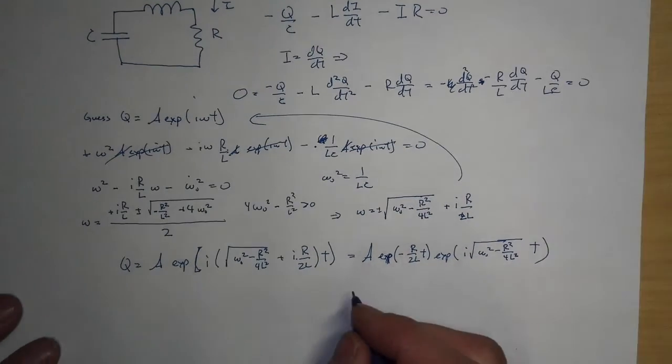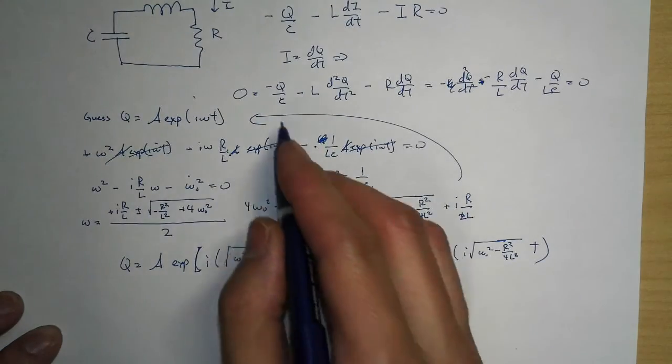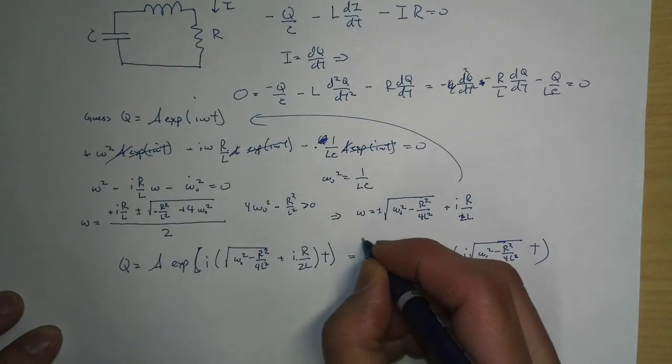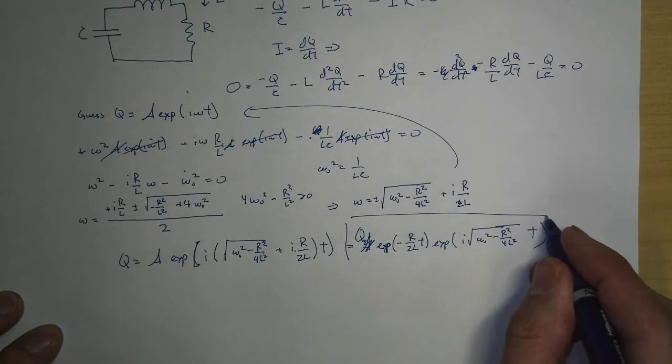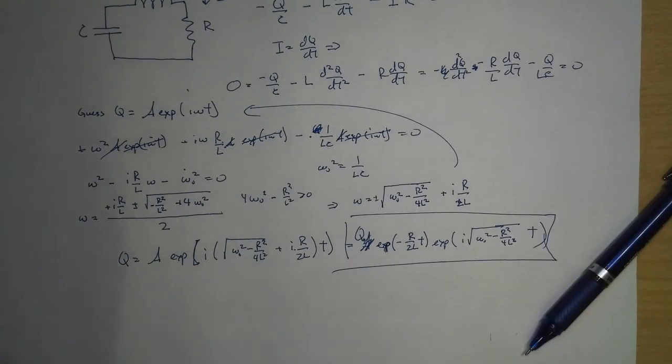Since at t equals 0 the charge Q is Q0, you can show that A is just Q0, and there is your solution as a function of time. Hope that was helpful.